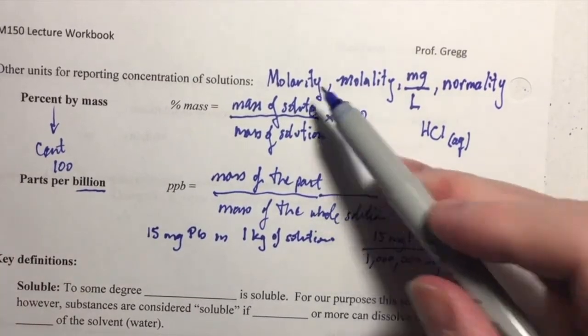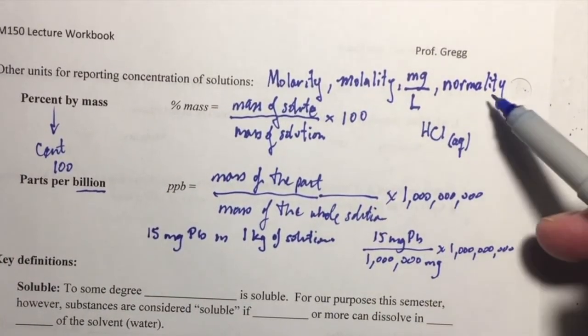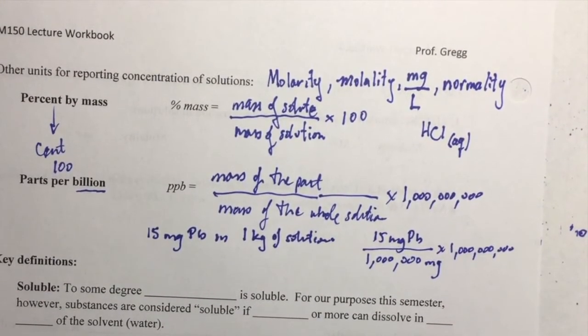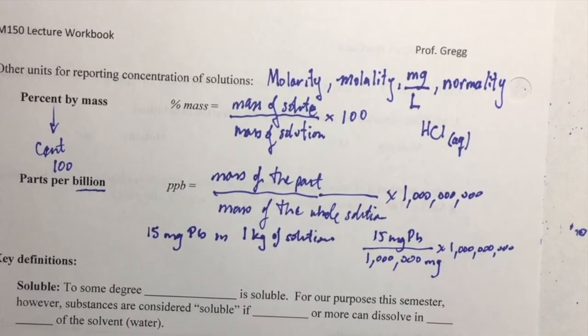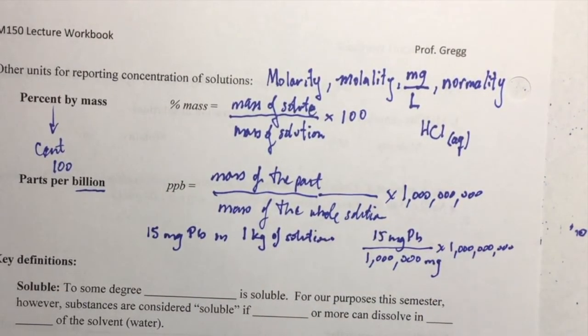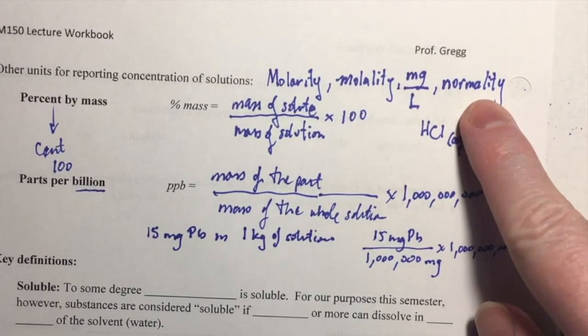So you can have molarity, molality, and normality. And I always thought that was kind of funny that those words sounded so much alike, but they mean slightly different things. So you could have a 3.5 molar solution, or a 3.5 molal solution, or, and I always thought this was kind of funny, a 3.5 normal solution, right?